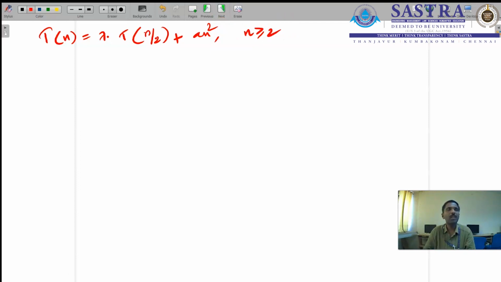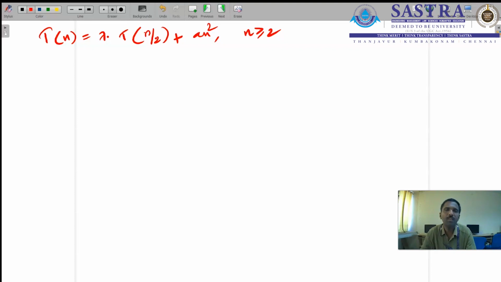7 multiplications are required for the matrices of orders n by 2 by n by 2. Then we need to add the matrices. n by n matrices are added using theta of n square computational complexity, as we have discussed in the conventional matrix multiplication.